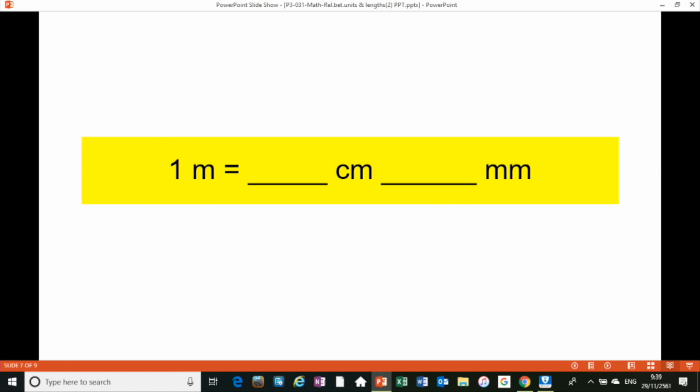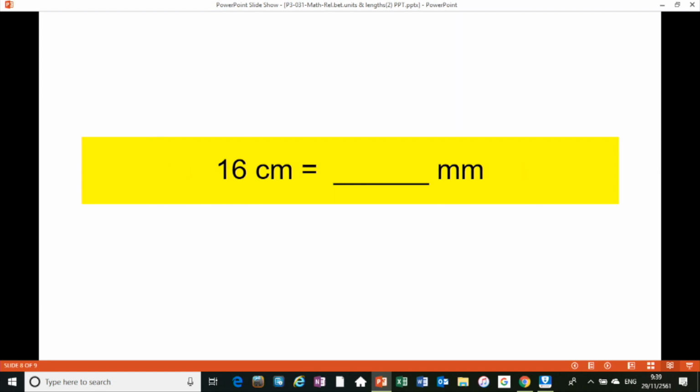But if we already have 100 centimeters, no millimeters left. You see? 1 meter equals 100 centimeters. And then that's finished, final. There'll be no millimeters because 100 centimeters is 1 meter.